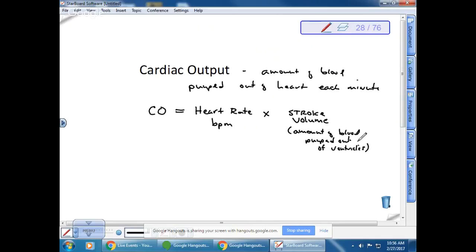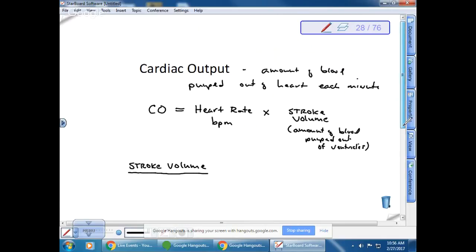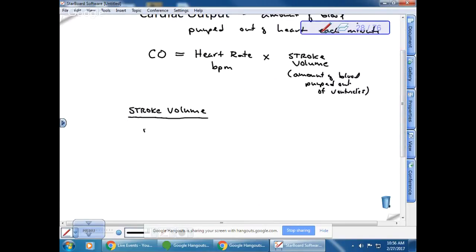So let's look at what determines stroke volume, the amount of blood coming out of the heart with each ventricle contraction. The first thing that determines it is what is called the preload. This is the amount of blood that is returning to the heart from the body and the lungs.